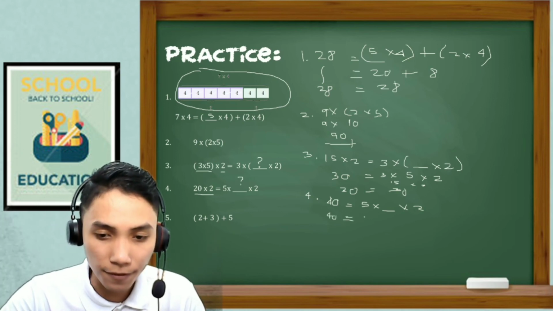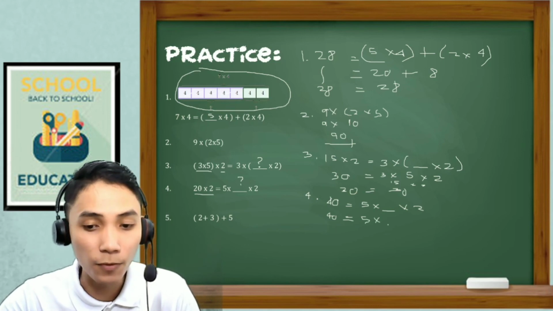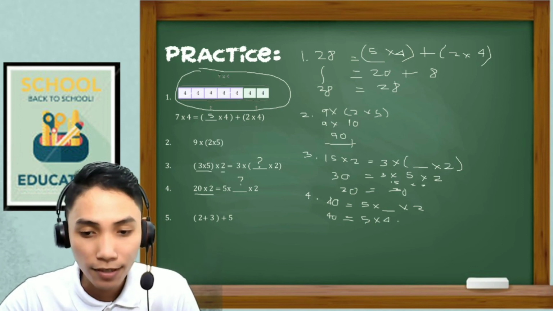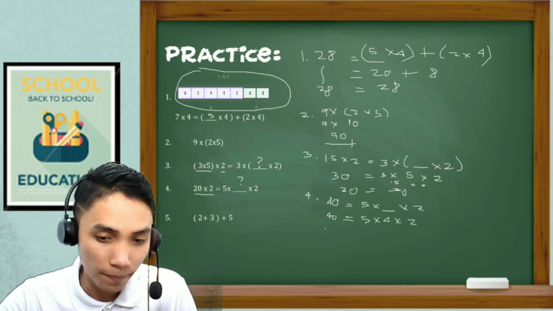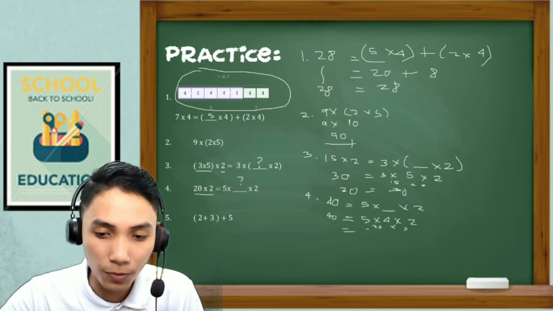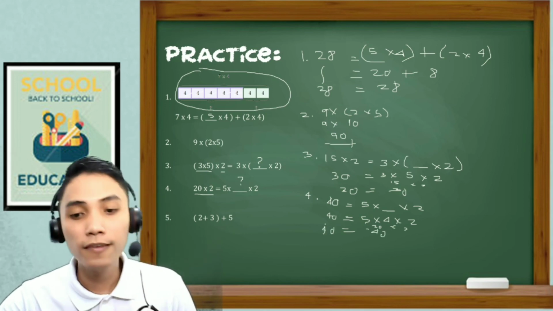That is 5 times 4, times 2. So 5 times 4, that is 20, multiplied by 2, that is 40.